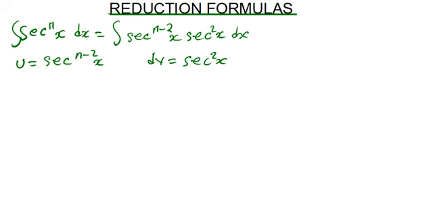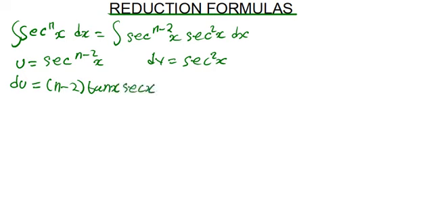So when you find the derivative of u, meaning du dx, du will be equal to your n minus 2, then the derivative of sec, which is simply tan x sec x.